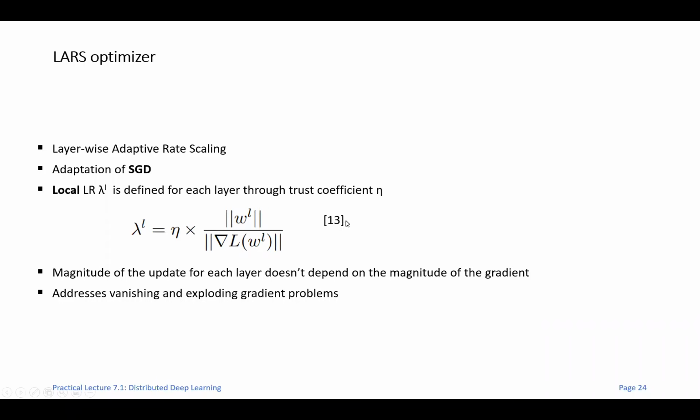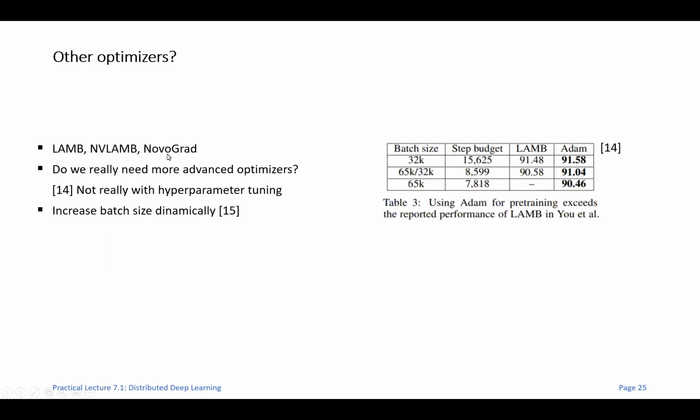There are also newer optimizers, for example LAMB, which is based on Adam, another very well-known adaptive optimizer, and NV-LAMB, which is nothing less and nothing more than the NVIDIA implementation of LAMB. Novograd is another one.